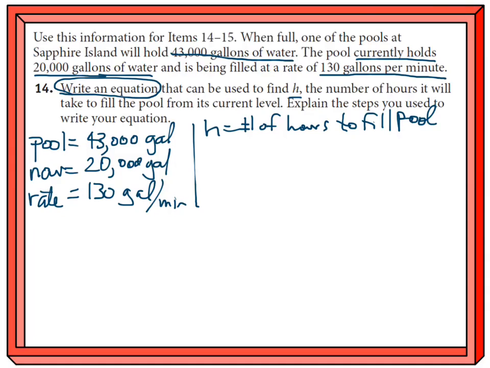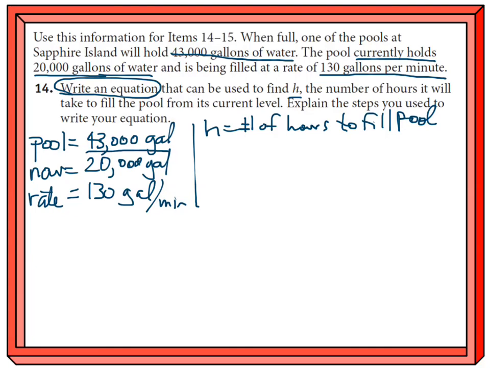Okay, so we got to write ourselves an equation and then explain the steps we use to write our equation. So our pool, whenever it is completely filled, should equal this 43,000 gallons. But right now, it's at 20,000 gallons, right?